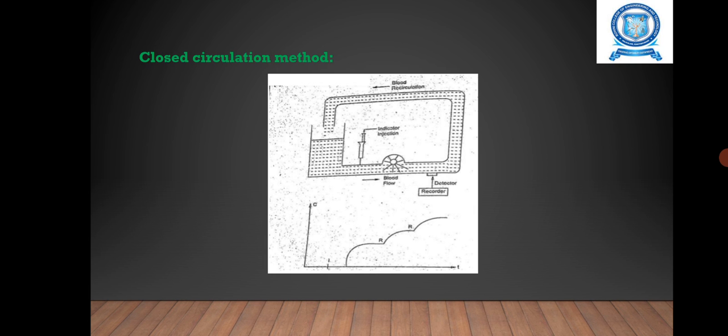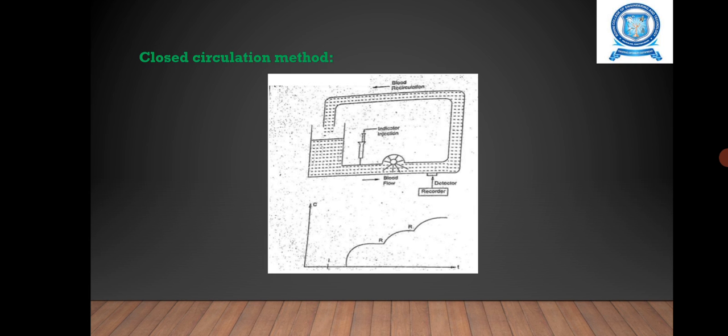In the closed circulation method, the output of the detector is connected to the recorder, and measurement is made at a certain time after the injection. When a dye or isotope is used as an indicator, the concentration does not assume a steady state, because it increases in steps whenever the recirculated indicator again passes the detector.